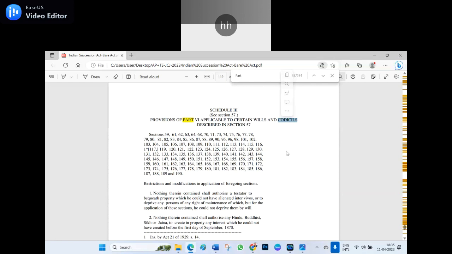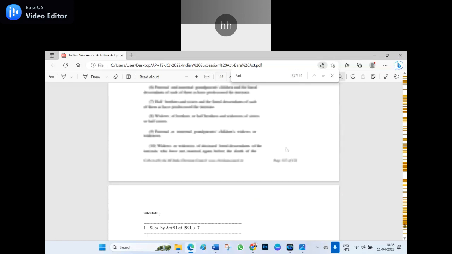I repeat, a supplement of a will is a codicil. There may be one, there may be two, there may be three. And when all the codicils are amalgamated, they can form a single will also. At that instance, the original will and all the codicils will be eclipsed. So that is the way the codicil will come.